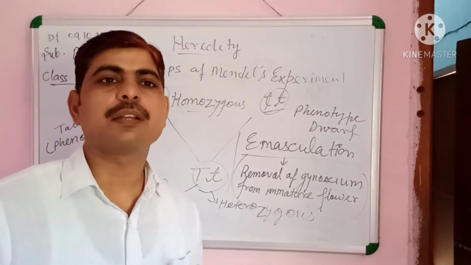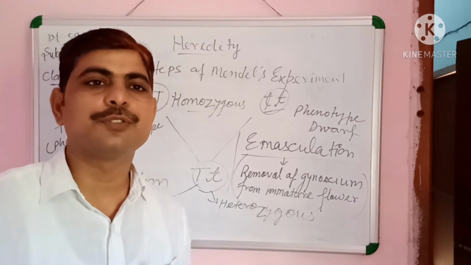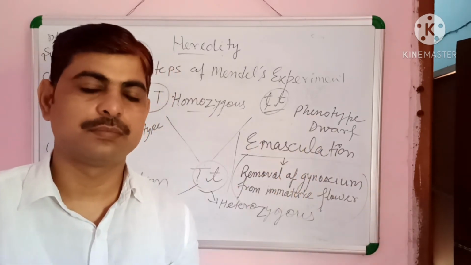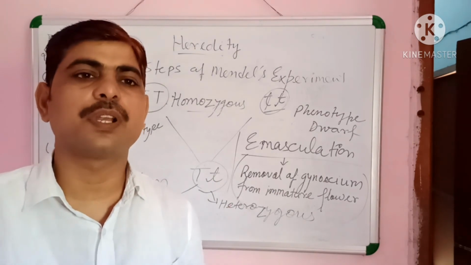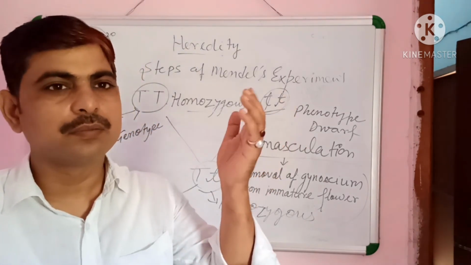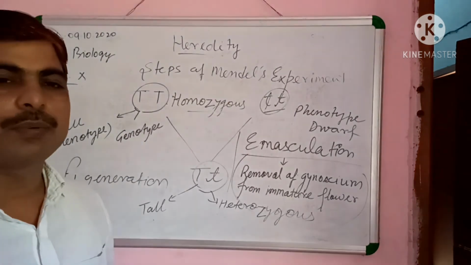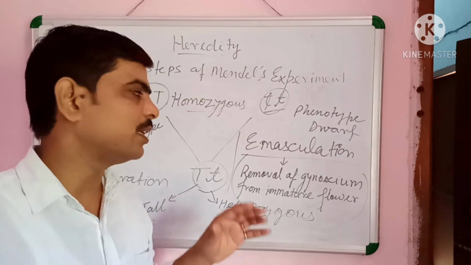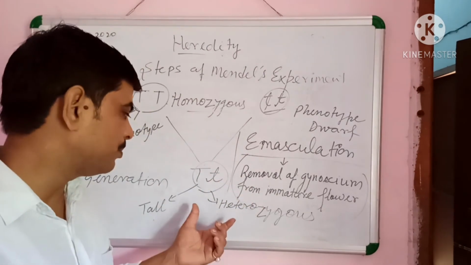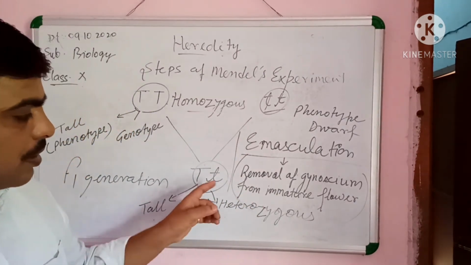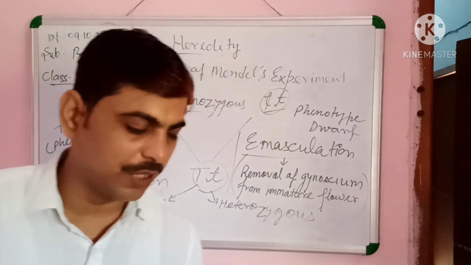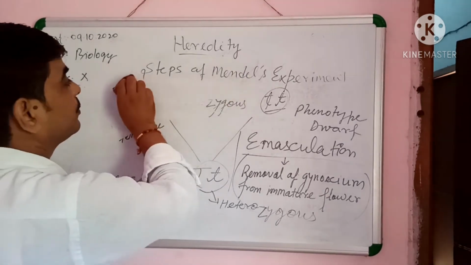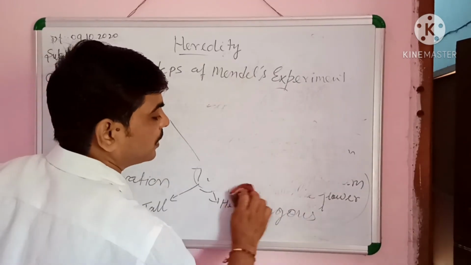Afterward, when the flower becomes mature, the female part becomes mature, the pollen from the chosen plant, the plant that is chosen as pure line, is brought and dusted over the stigma of the plant, and in this way the crossbreed will happen to produce the heterozygous hybrid F1 generation. Now the third step, this is the second step.